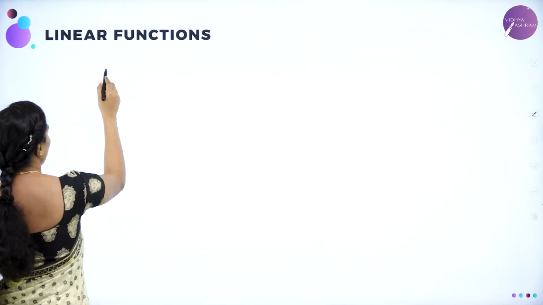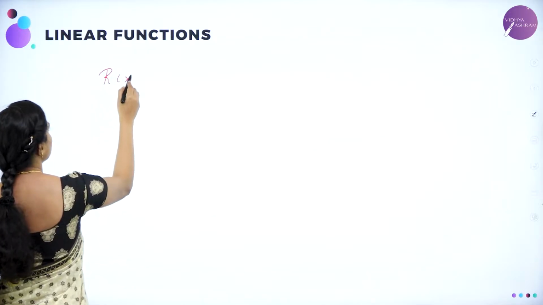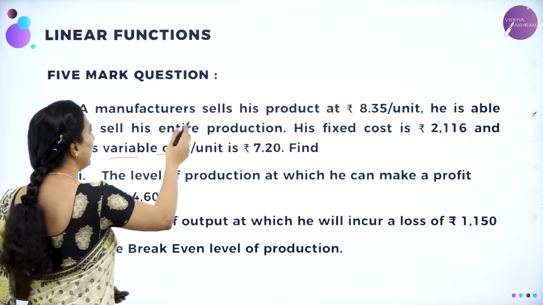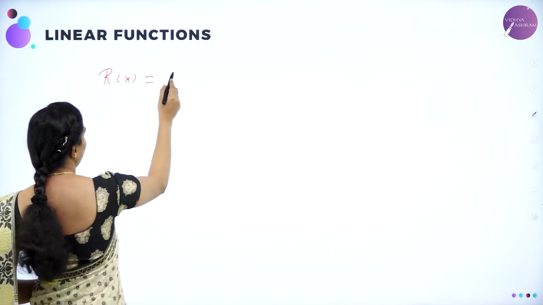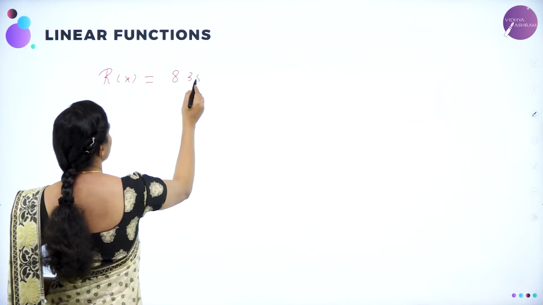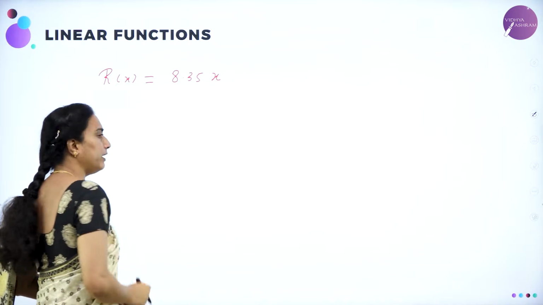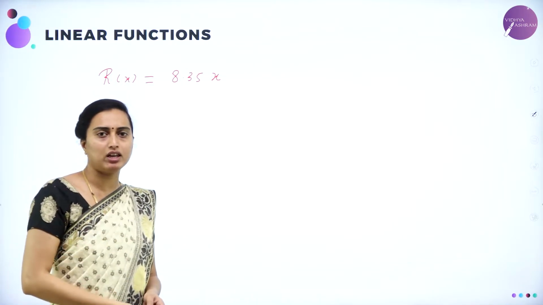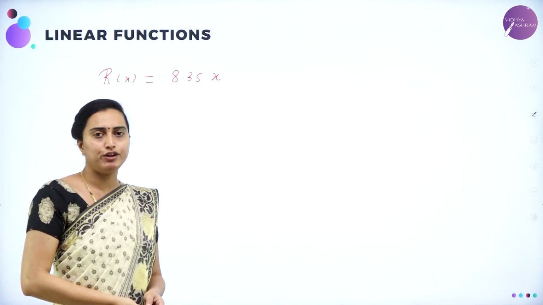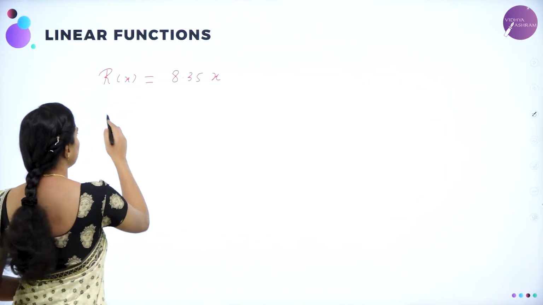First let us find out what R of x is. R of x is nothing but he is going to sell his product at rupees 8.35. So let the product be x. So 8.35x will be the revenue function. Then what will be the cost function, dears?